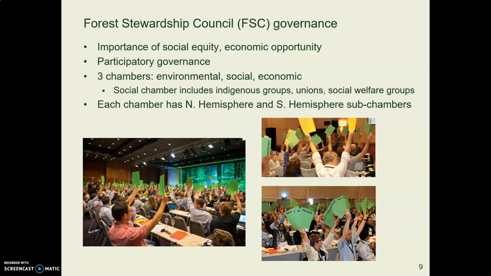What that means is that people who do the work, people who work in the forests, people who manage the forests, including smallholders, participate in setting the rules for certification. It's participatory. And what you see here in these pictures is representatives of smallholders in various countries and counties and cities and so forth, participating in this rule-making process. And these rules are updated regularly.